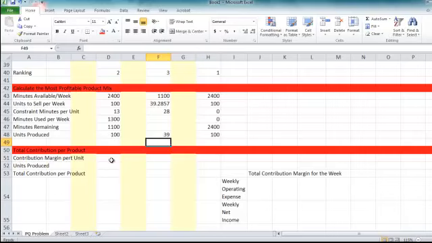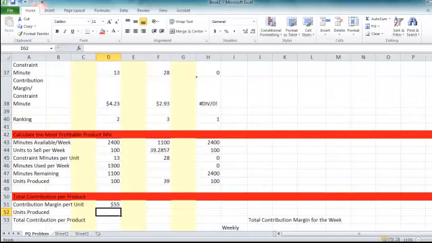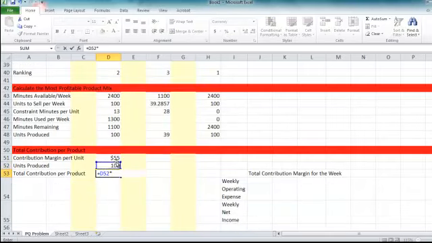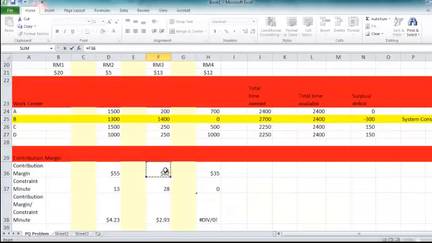Alright, now let's calculate our total contribution margin per product. So the contribution margin, and we'll go back up to capture that information, was $55. Our units produced was 100 for the Alpha products. Okay, for product Beta, my contribution margin was $82.